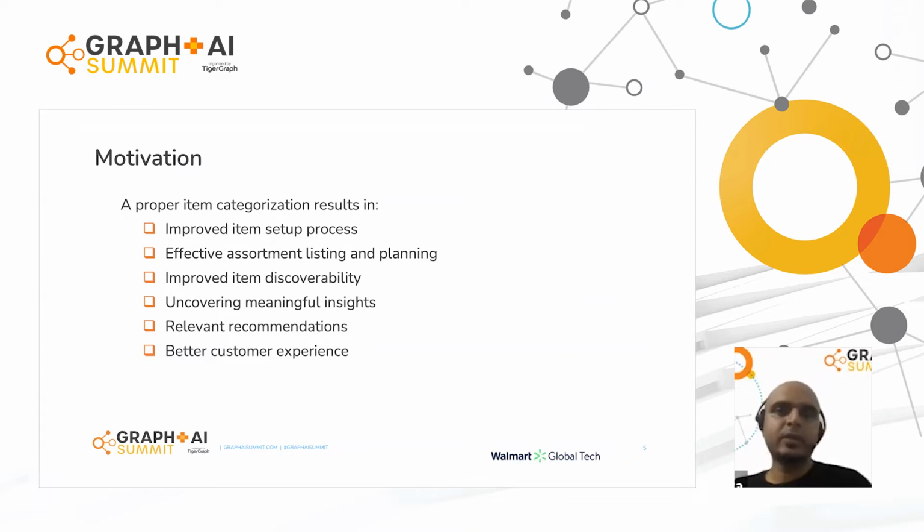In that case, we can do some course correction and also provide relevant recommendations for that particular category. All of this, along with the relevant recommendations for the better usage of the platform, provides a better shopping experience for our customers, which is a very important goal for us.